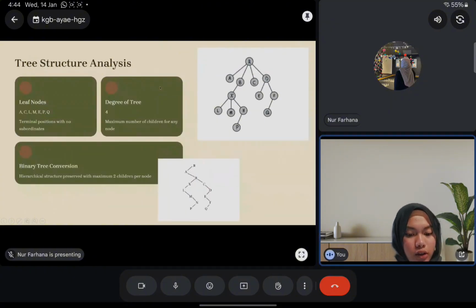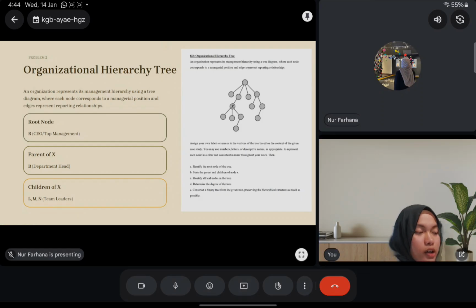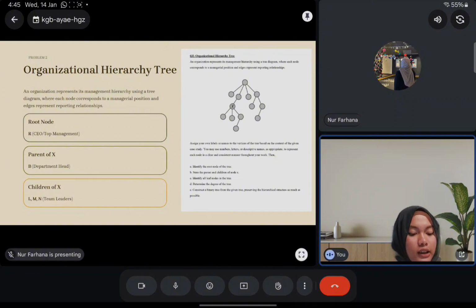For question B, state the parent and children of node X. Node X was given here. The root node is identified as the topmost node with no parents. Parent and children relationships are determined based on direct connections in the diagram. Leaf nodes are identified as nodes with no children.